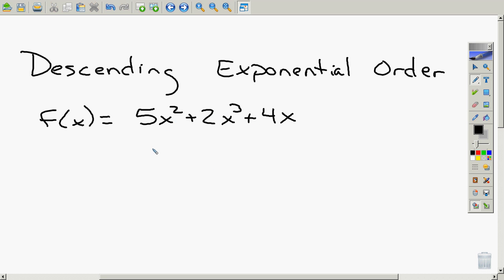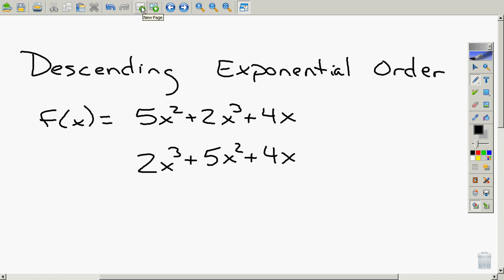It really shouldn't be in this order. You're supposed to put the one with the biggest exponent first. So we should write this 2x to the 3rd, the next biggest next, 5x squared plus 4x. You just put them from biggest exponent to smallest when you write these out. Okay? That's descending exponential order.